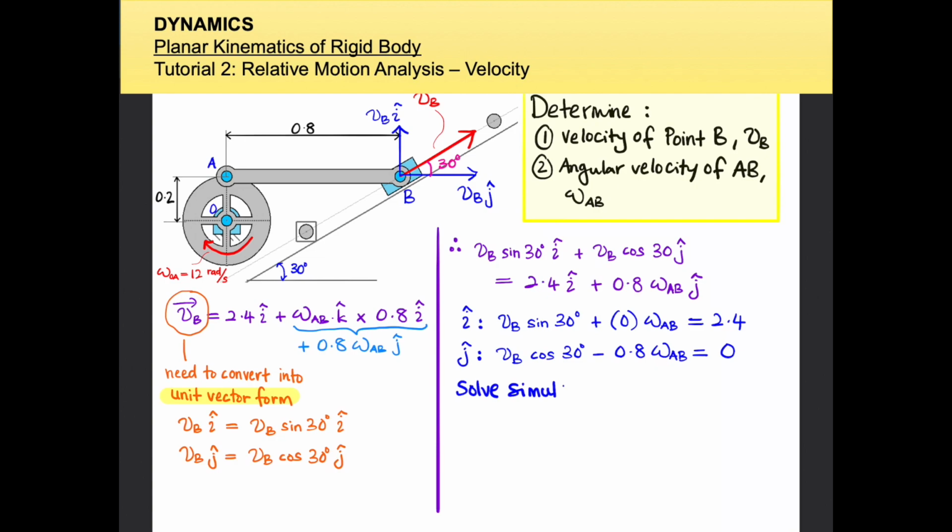Finally, use your calculator to solve simultaneous equations. You will get VB equals 2.771 meter per second and omega AB equals 1.732 rad per second.